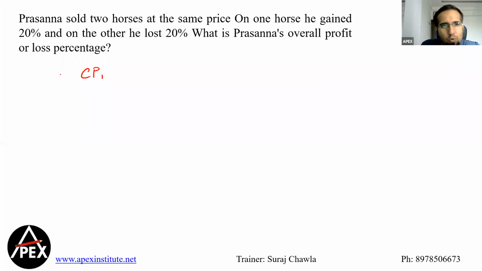CP1 into 20% profit, which is 120 by 100, is equal to SP. And for the same price, I can write 80 by 100 of CP2 is equal to the same selling price.